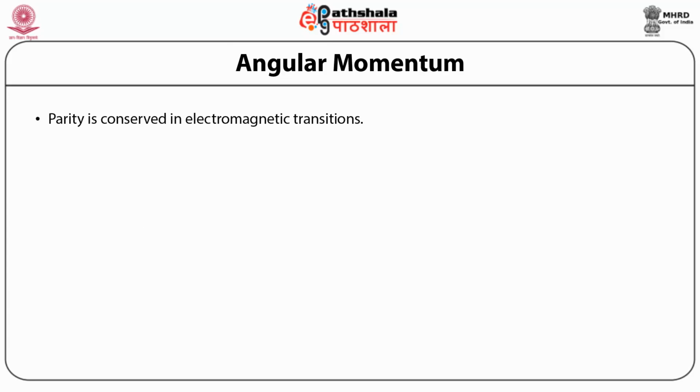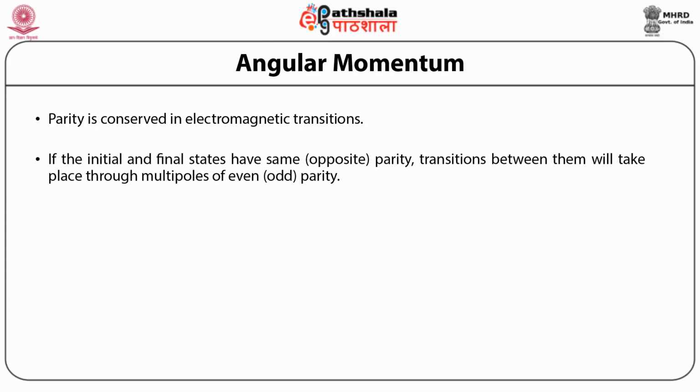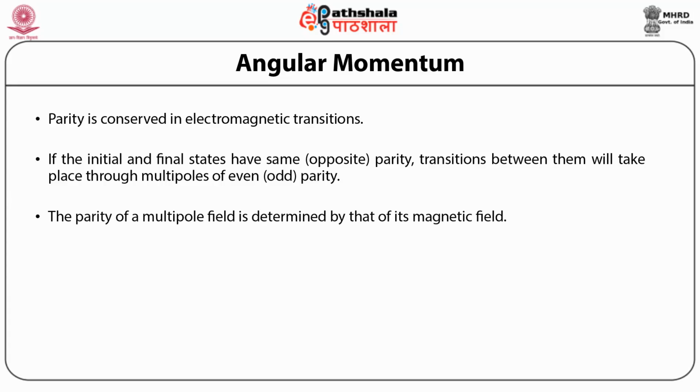Parity is conserved in electromagnetic transitions, and if the initial and final states have the same or opposite parity, transitions between them take place through multipoles of even or odd parity respectively. The parity of a multipole field is determined by that of its magnetic field.